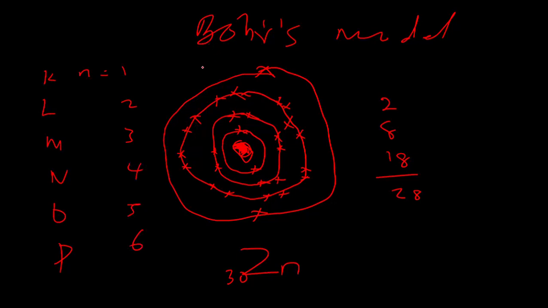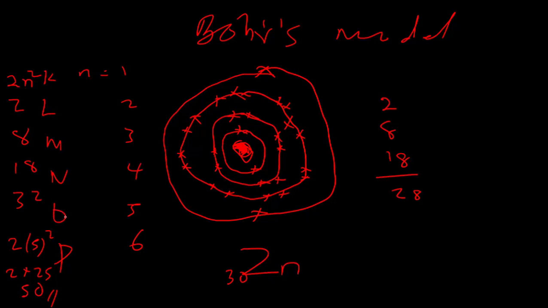And to understand the maximum number of electrons for each, you use this formula. I show you how to use it. For the first one, you have 2 electrons, 8, 18, 32. For the 5, we are substituting N is 5. 2 times 25. So you have 50 electrons for O energy level.